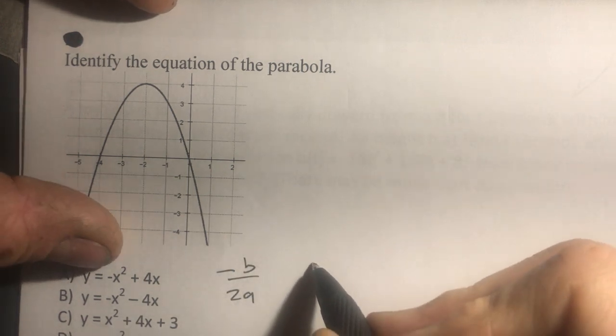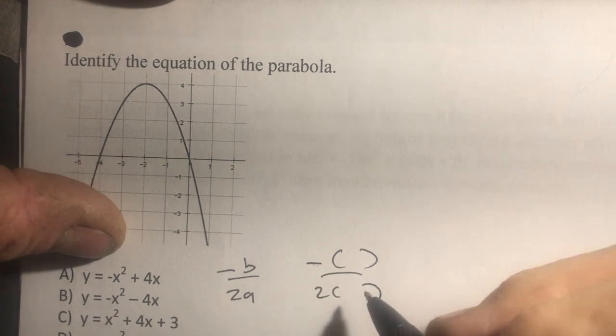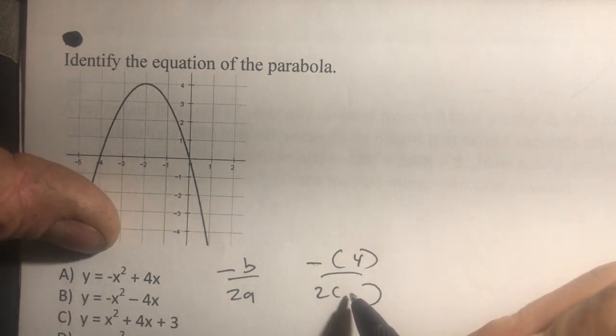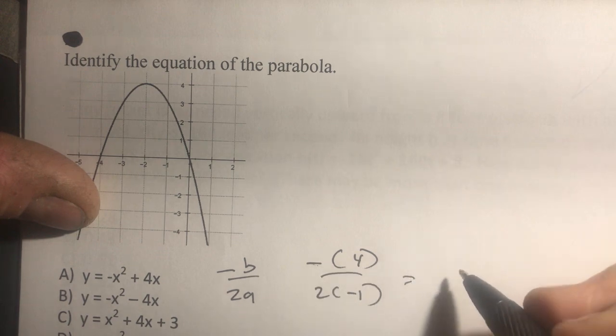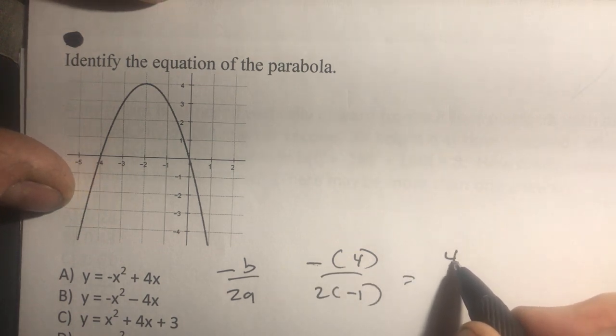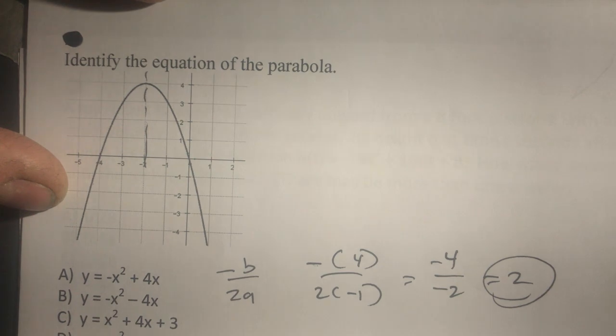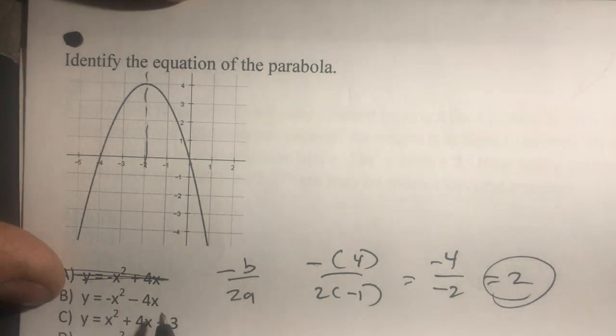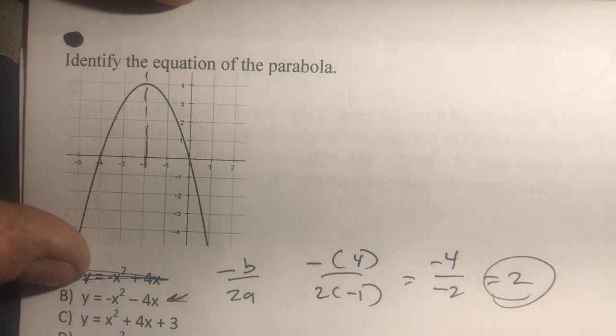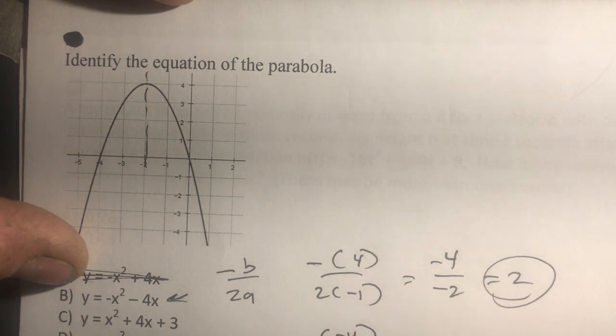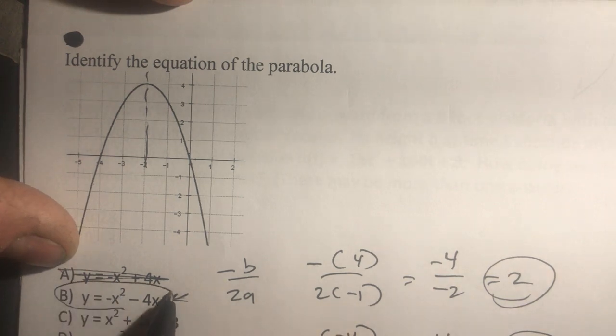On this first one, my b is 4, and my a is negative 1, so this is going to be negative 4 over negative 2, which is 2. My axis of symmetry here is 2, and look here, my axis of symmetry in the graph is negative 2. So this one's wrong. Now I think this one here might work. If I do negative b over 2a, my b is negative 4 and my a is negative 1, so it's going to be a positive 4 over negative 2, which is negative 2. So this one could be right.